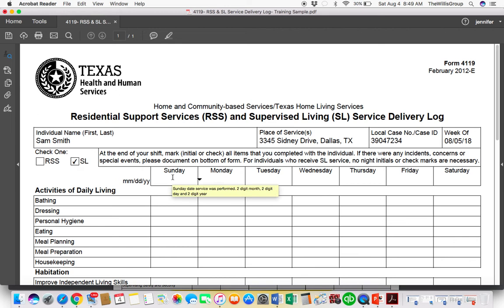Next boxes, we're going to fill out each day of the week. So 08, 05, 18. So this means again month, day, year. And we're going to do that for every day of the week.